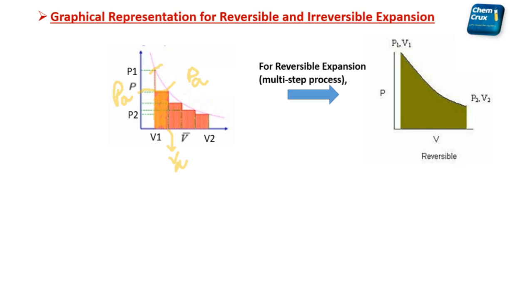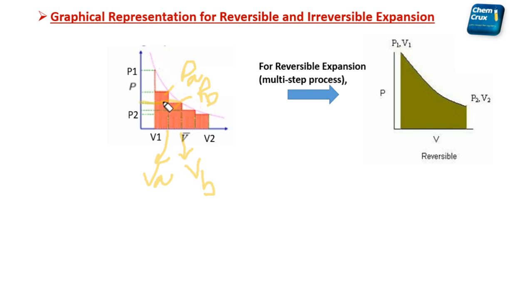Now for the second step. For the second step, say pressure has decreased from PA to suppose PB, correct? And volume has increased from say VA to VB. So what is the final pressure for the second step?